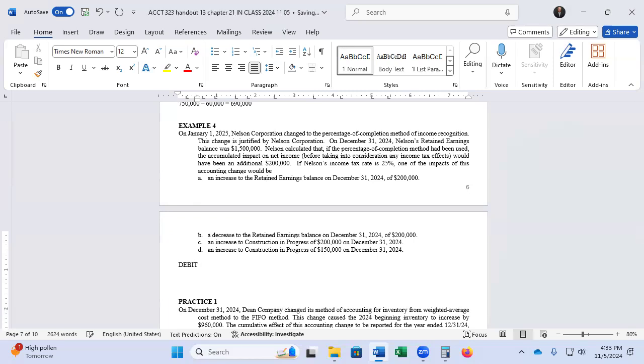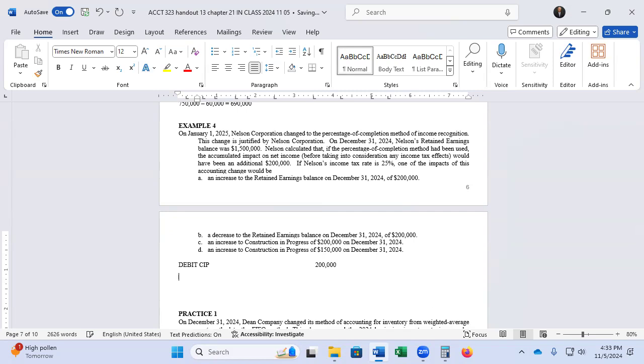So my understanding, the entry that we would be looking at here would be construction in progress, a debit for 200,000.